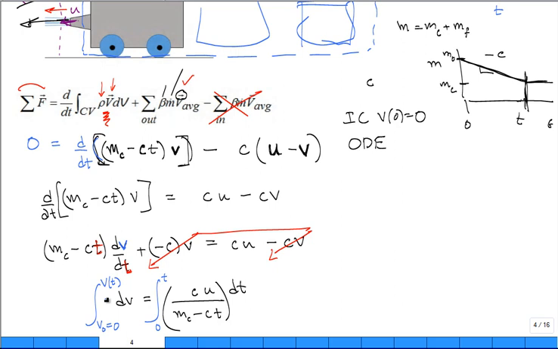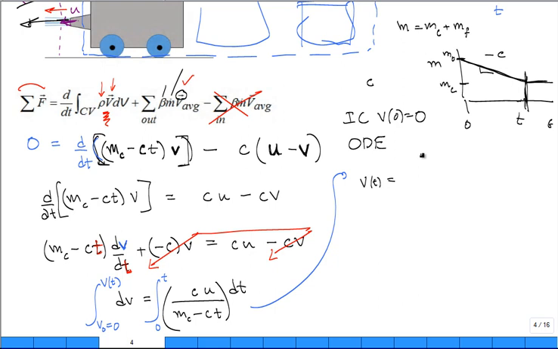This equation only works until the fuel runs out. As soon as the fuel runs out, that equation doesn't work anymore. It doesn't go off to infinity. And so v as a function of t is equal to, you do the rest. What is the integral of that equation?